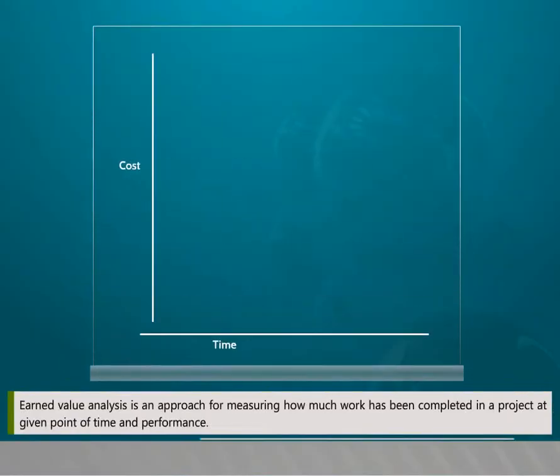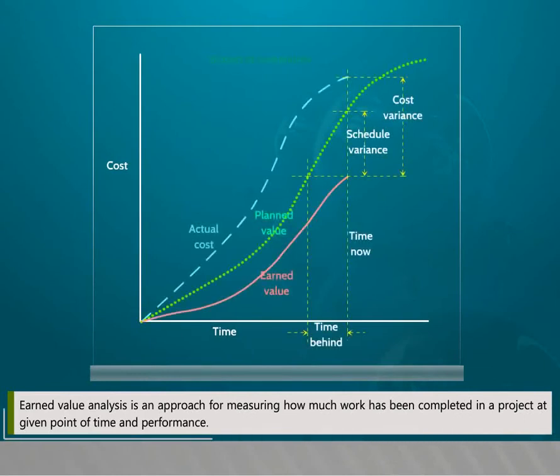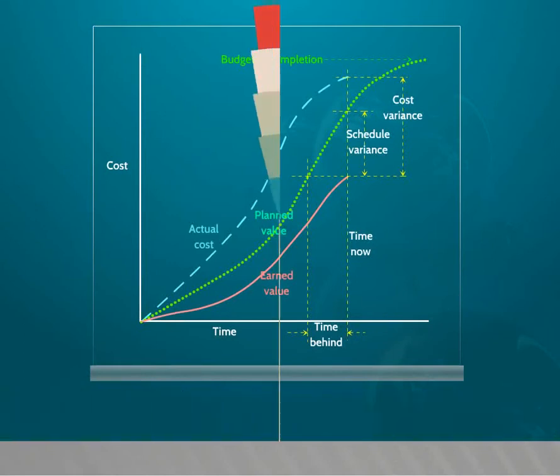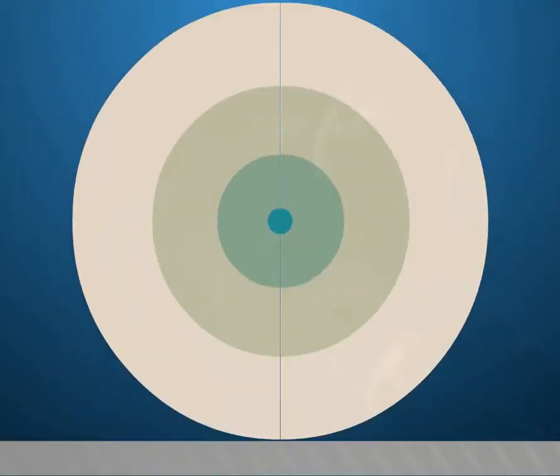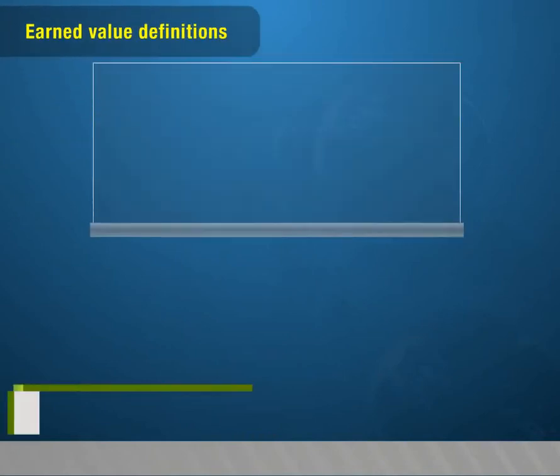Actual cost, that is AC, is simply the money spent for the work accomplished. This is also known as the actual cost of the work performed, that is ACWP. Earned value, EV, is the percent of the total budget actually completed at a point in time.